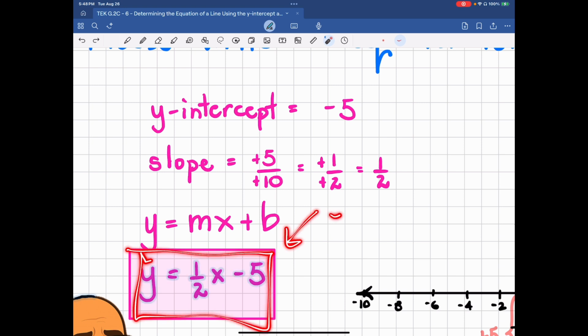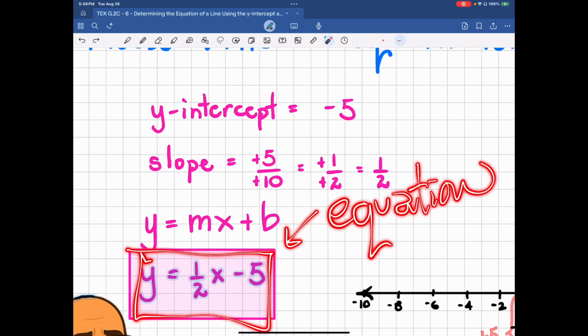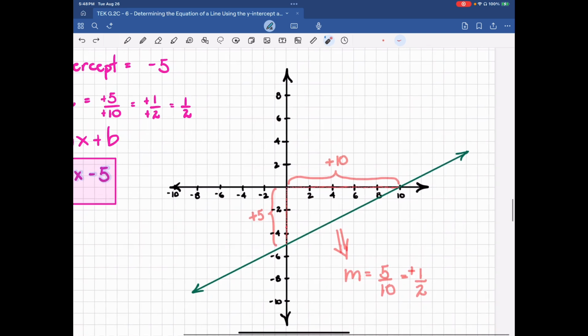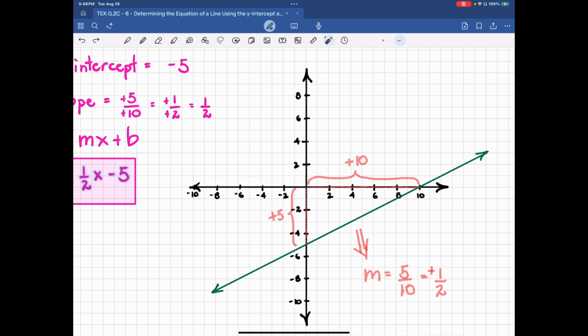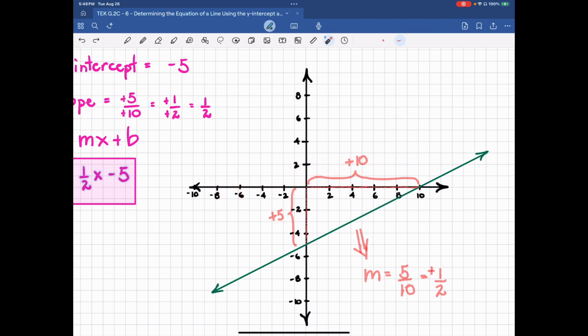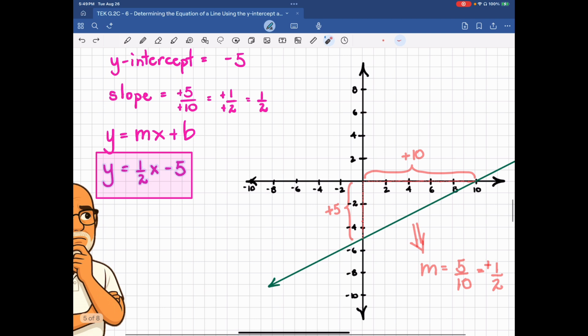I also like to call this the name of the line. So this is the equation of the line that they're asking for. So what you just did was visually look at a graph, determine the y-intercept, determine the slope, and from those two quantities, you determined that the equation in slope-intercept form is y equals 1/2 x minus 5. Congratulations.